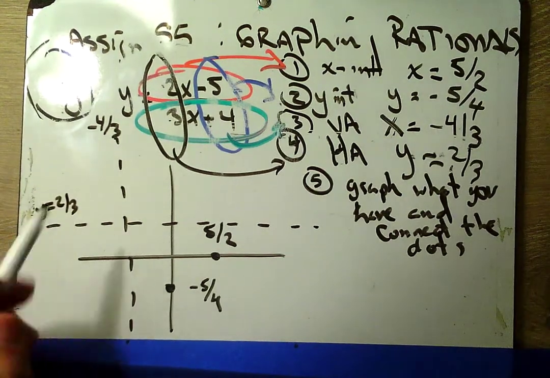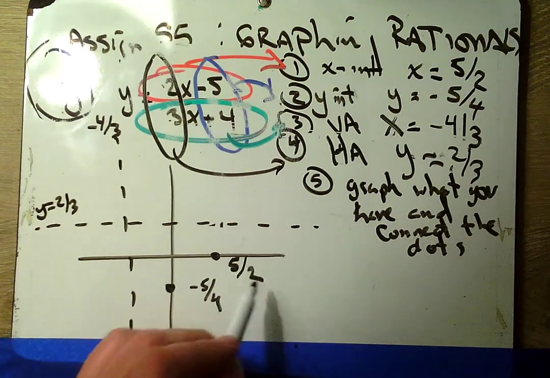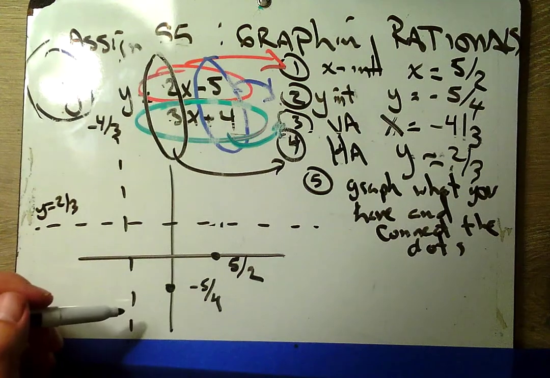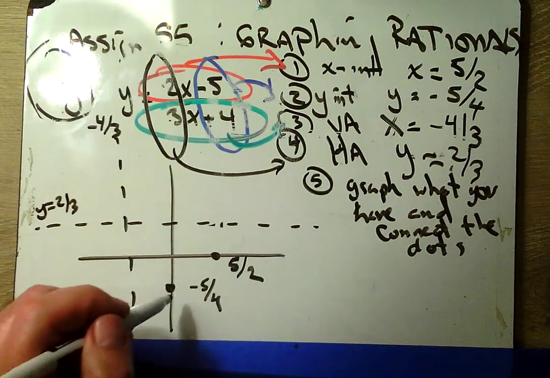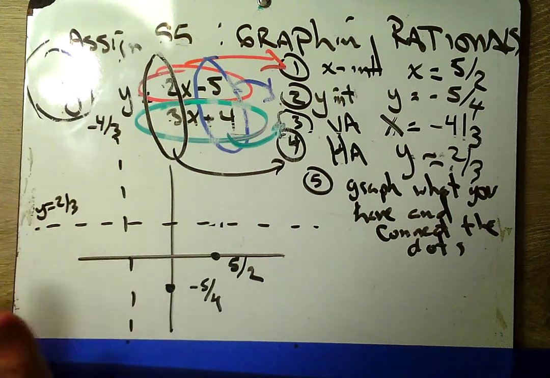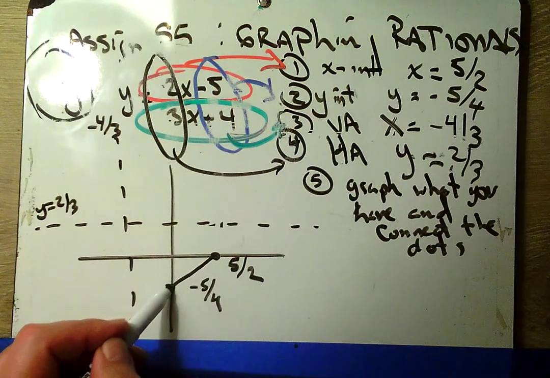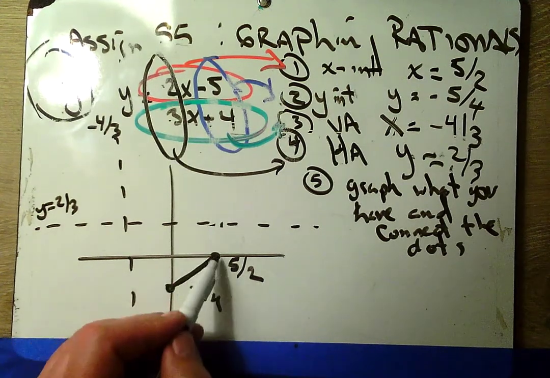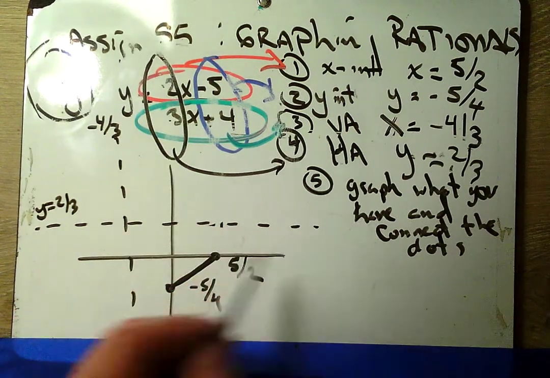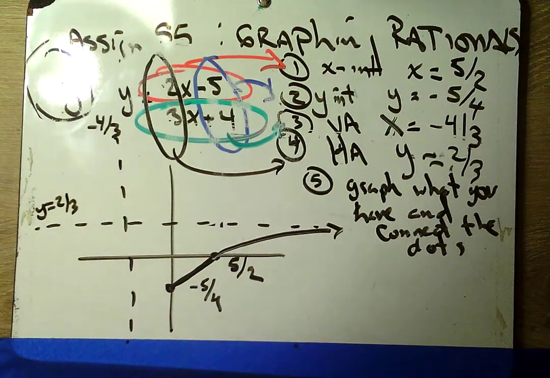Now, in my brain, I always think of the way the function behaves with respect to these asymptotes as though these were objects in space and these were gravity wells. I know, it's crazy. But look, after I connect these two, what happens next? Well, this one keeps going, but it bends to the gravity of that horizontal asymptote.